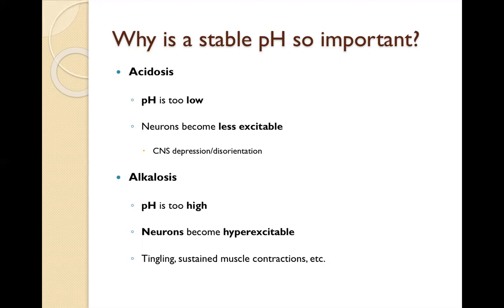You get neurons being hyperexcitable. And instead of that central nervous system depression, you end up getting a tingling sensation in your nerves because they're getting more excitable. You get sustained muscle contractions because the nerves that are innervating the muscles are firing more.